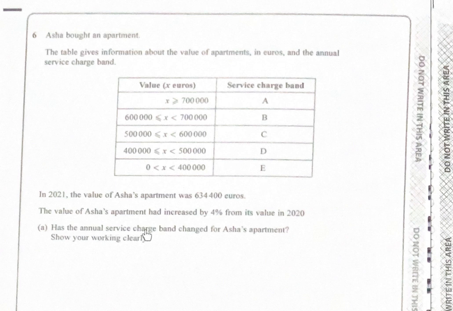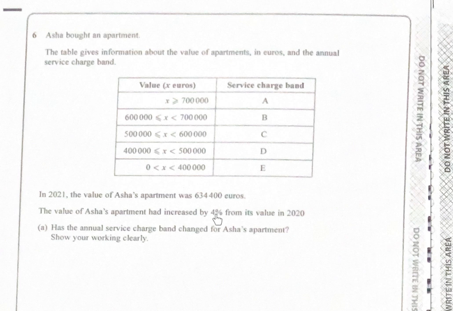Has the annual service charge band changed for Asha's apartment? Show your working clearly. In 2021, after the 4% increase, the value of the apartment is 634,400. So from the table, this is service charge band B.